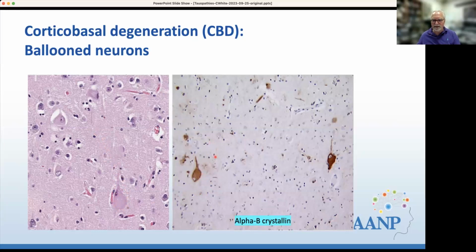Alpha B crystallin is a normally occurring protein in glia, and also it's the most abundant structural protein in the lens of the eye. It often is expressed in neurons as a heat shock protein. So again, alpha B crystallin immunohistochemistry can be used to identify the characteristic ballooned neurons of cortical basal degeneration.